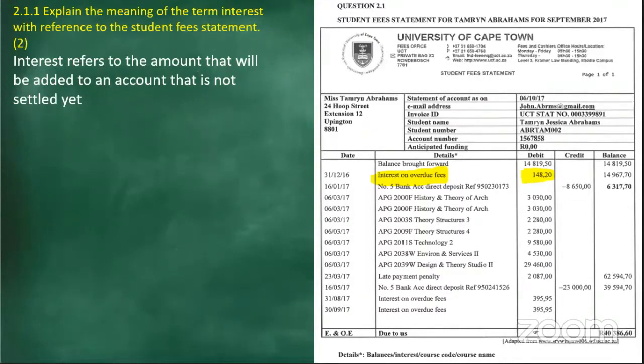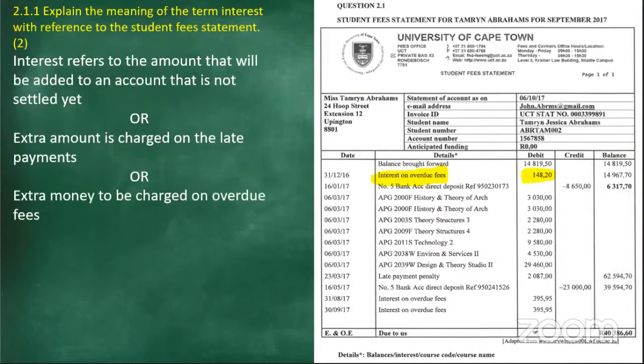So if the date for you to pay was the 30th of Jan and you did not pay by the 30th, you paid on the 31st of Jan, you will be charged interest because you paid a day later than you were supposed to. Or it's extra amount charged on the late payments, or extra money to be charged on overdue fees. It's even telling you here, interest on overdue fees.